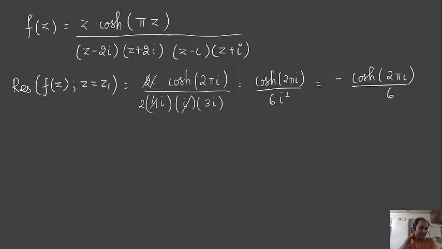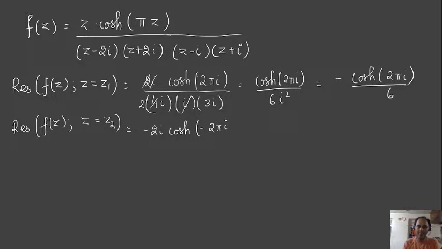Now for the other one, you calculate the residue of f of z at z equal to z2, so that is minus 2 pi i cos h minus 2 pi i divided by, now when it is minus 2, this will get cancelled and you have 4i minus 3i and minus i coming over here.